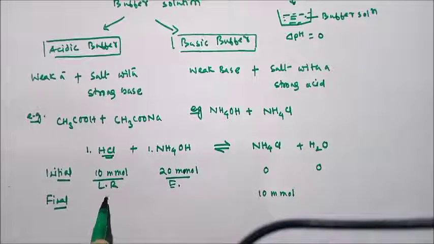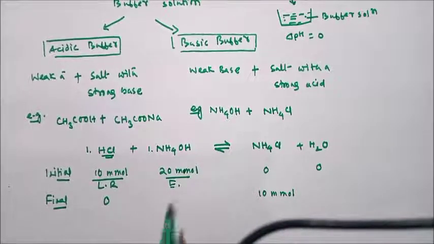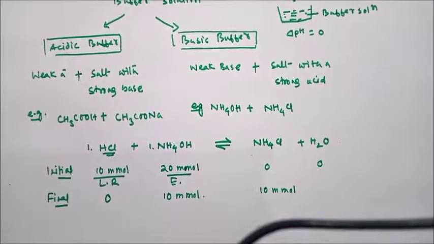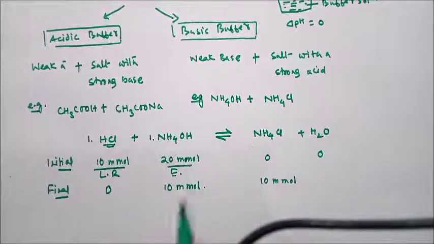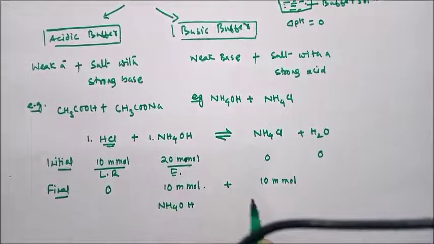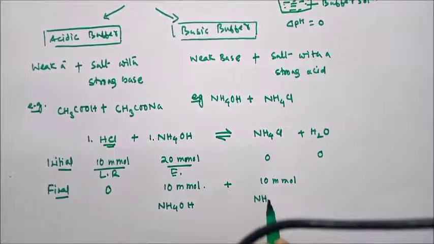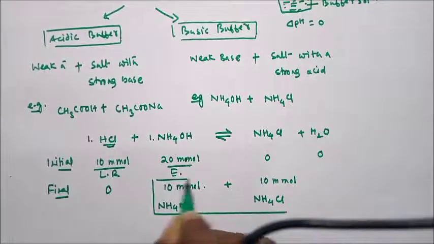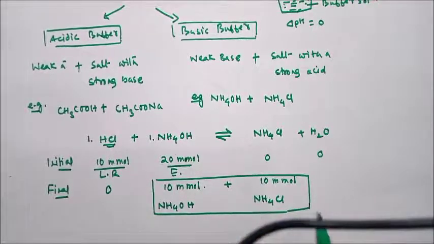Here 0 millimole will remain and here 10 millimole will remain. Okay, in the final stage the mixture solution will contain 10 millimole of ammonium hydroxide plus 10 millimole of ammonium chloride. These two will remain in the solution.